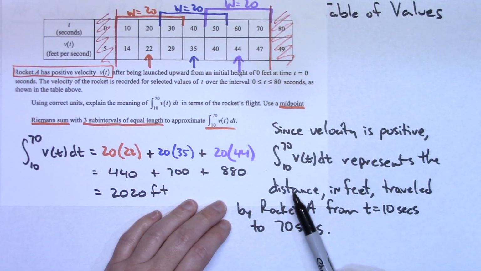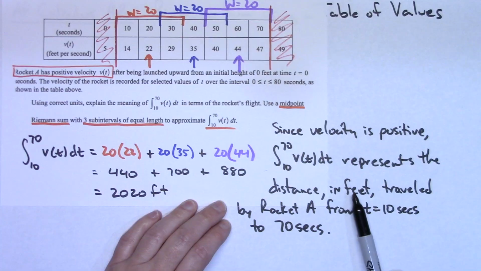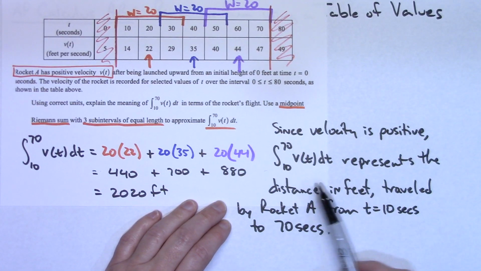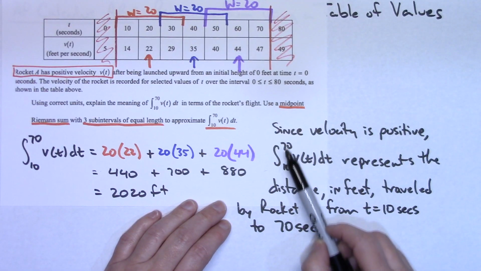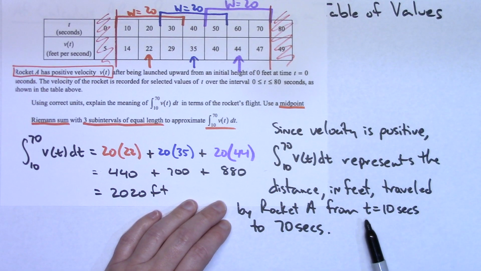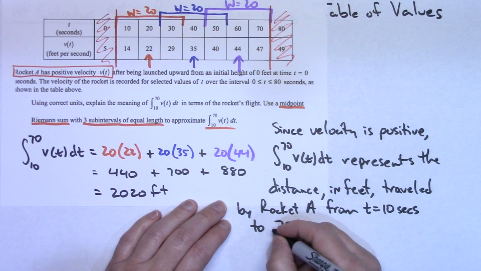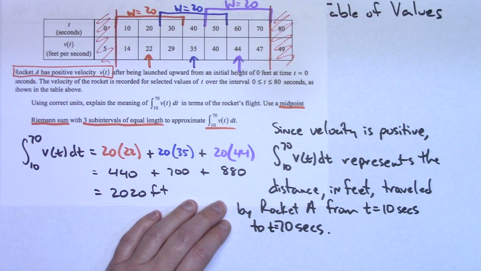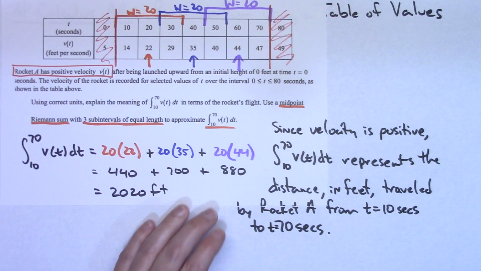You're going to want to indicate that the distance is in feet. The AP people are going to look for, did you indicate the label of that? And then indicating those limits of integration. What do they mean specifically? t equals 10 seconds to 70 seconds. And you could even put t equals 10 seconds to t equals 70 seconds.